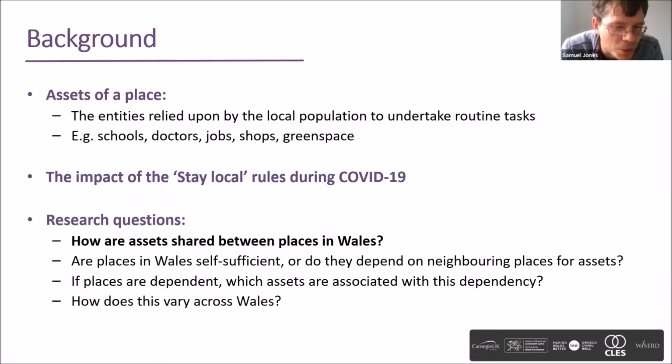So, for instance, there were stories of people from my local area, which is in Bridgend, who suddenly found that they had to travel much further to access assets, such as shops and public services within their own local authority. So within Bridgend or within the Vale, particularly in somewhere like Ogmore, which is on the border of the Vale, they had to travel a lot further to access assets than they normally would because they couldn't cross the local authority boundary to access their nearest ones.